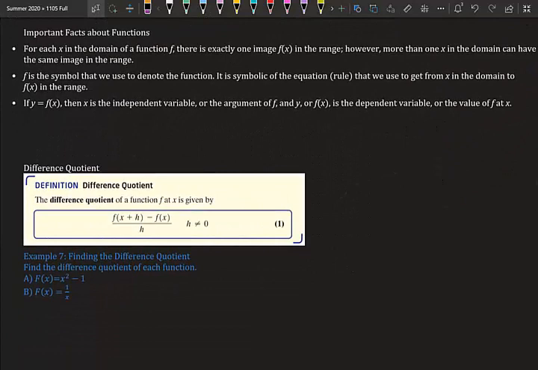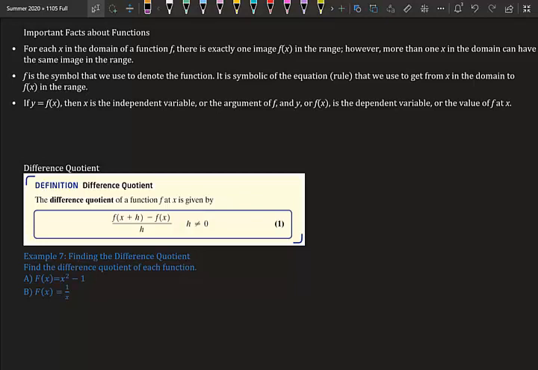Important facts about functions. For each x in the domain of function f, there is exactly one image f of x in the range. However, more than one x in the domain can have the same image in the range, meaning no repeating x's. That is literally all that's saying, no repeating x values. F is the symbol that we use to denote the function. It is symbolic of the equation rule that we use to get from x in the domain to f of x in the range.